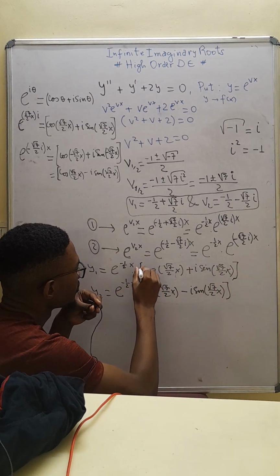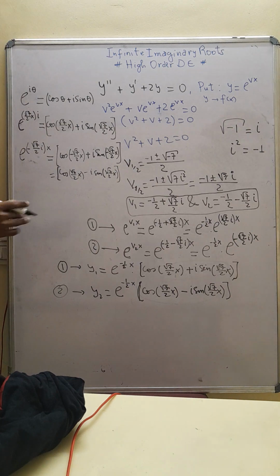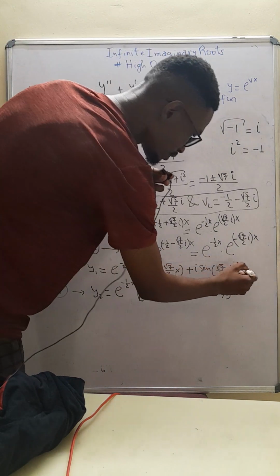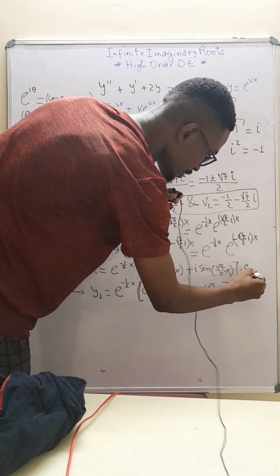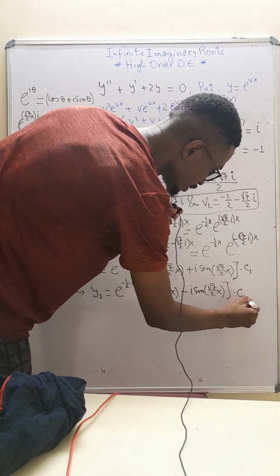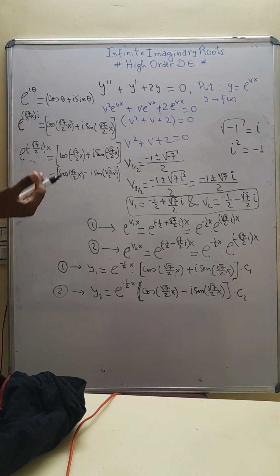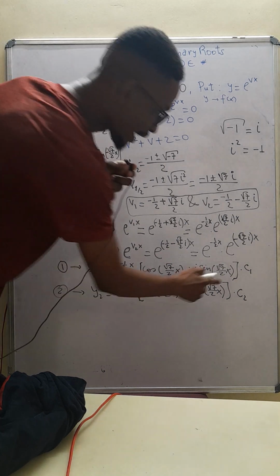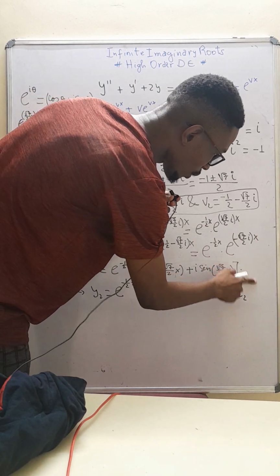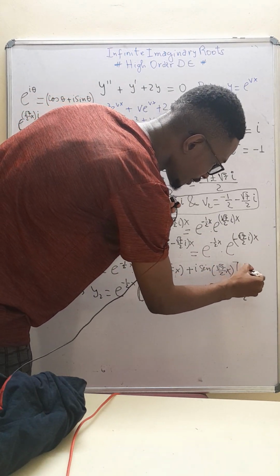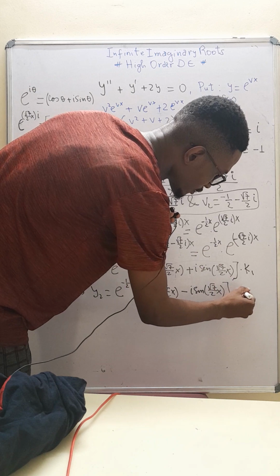That's the point. Now see, this is the first solution. I will multiply by C1, and this is the second, C2. Now I will write it all together. I can write C1, C2, or I can just write Q1 and Q2.